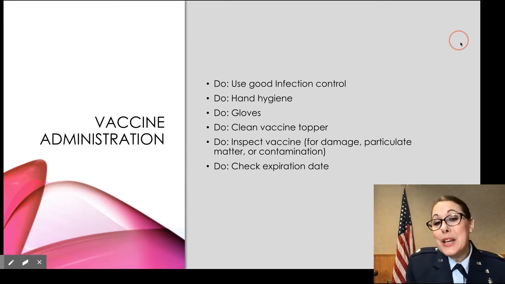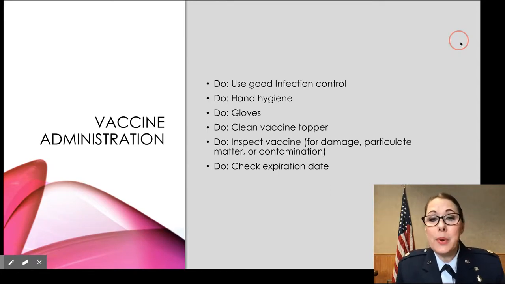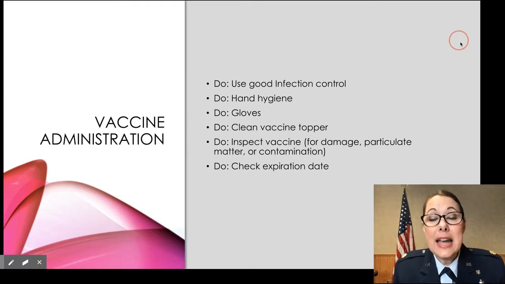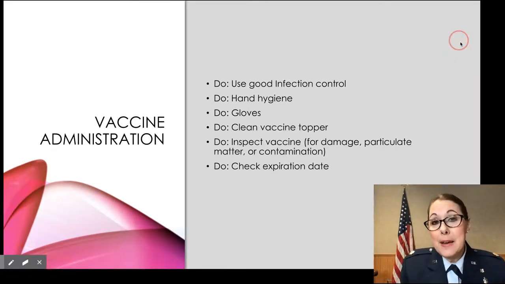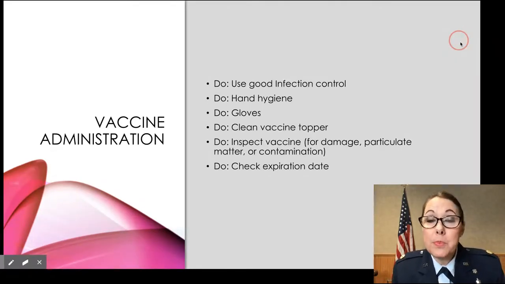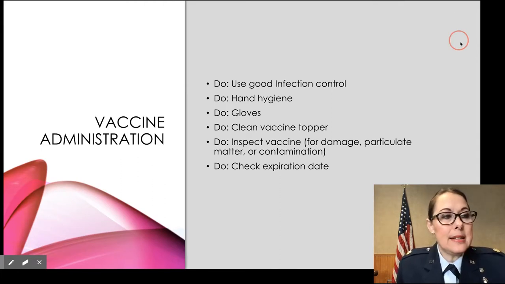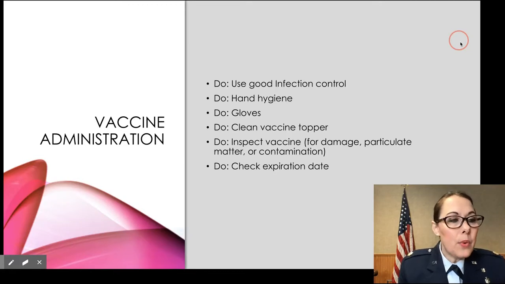You're not prepping your vaccines on a dirty table, that you're cleaning the topper of your vaccine, that you're inspecting the vial for any kind of contaminant or particulate matter. Checking the expiration dates. You don't want to give anything that is outside of the expiration date. And again, hand hygiene and glove wearing.